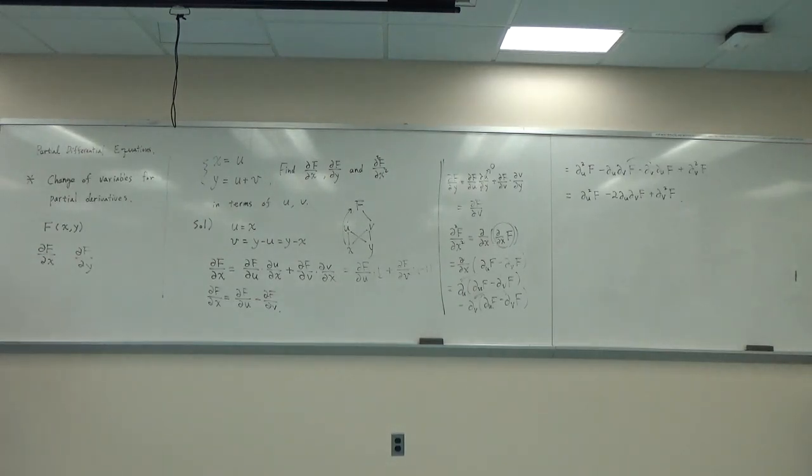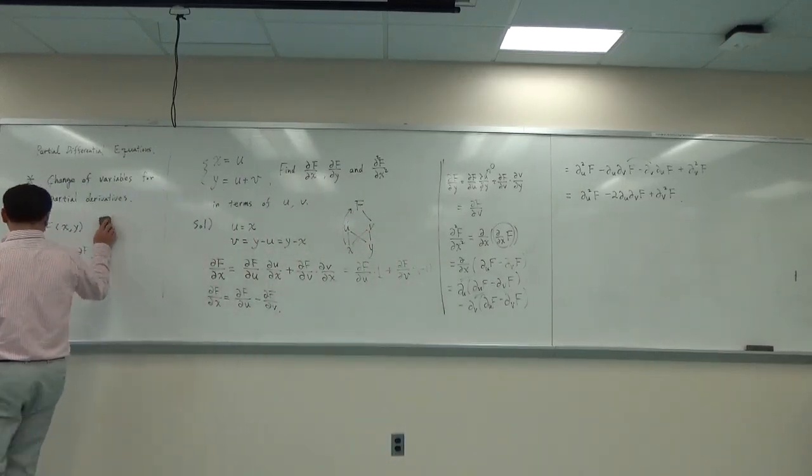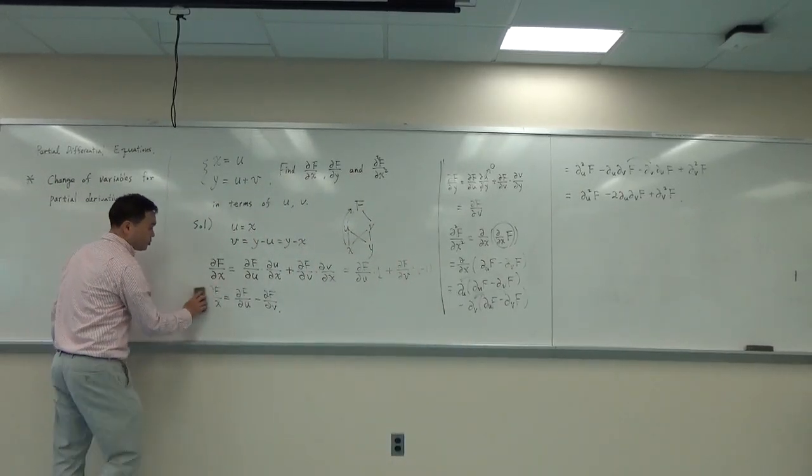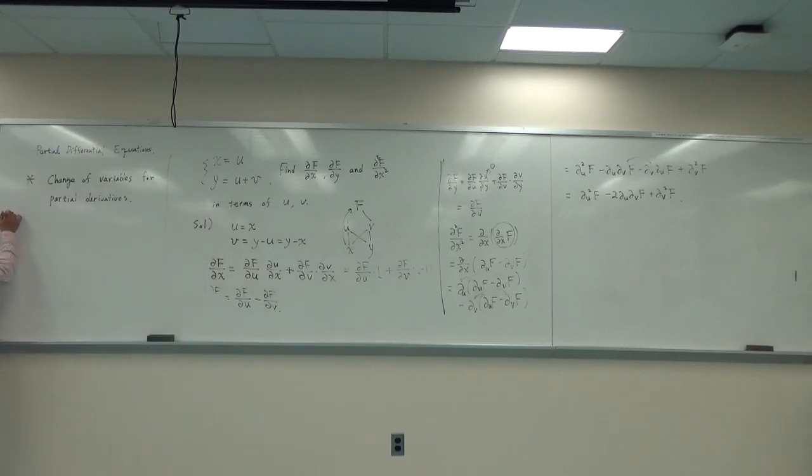Okay, since this is so important, let me put a question for you to try. Let me just write down the question. This time, let's say x equals u plus 2v, okay, and y equals u minus 2v.